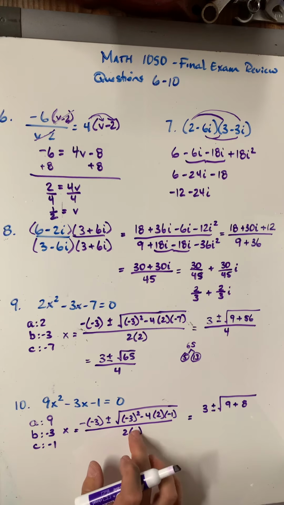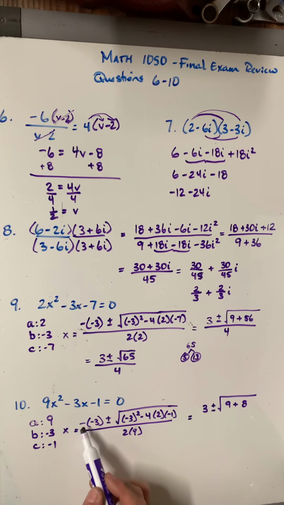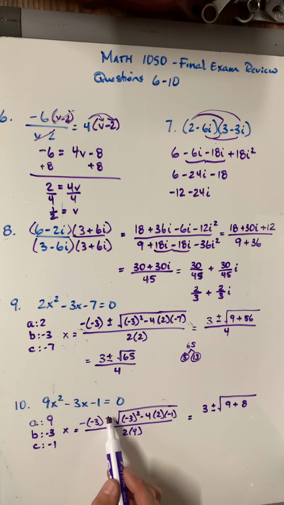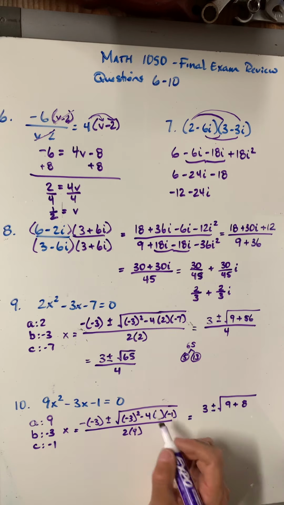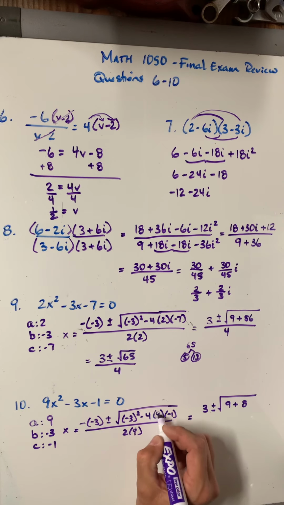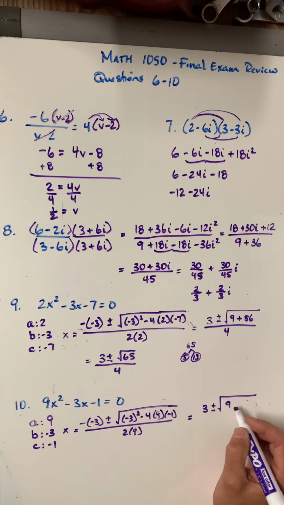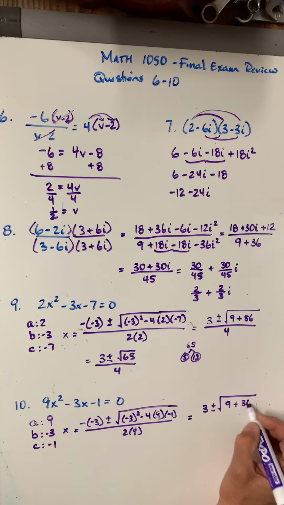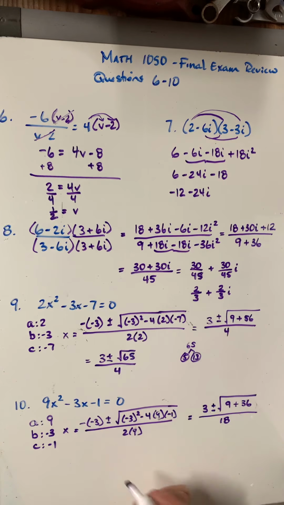I think I was looking at the other question. I apologize for that. So let me double check. Negative B plus or minus the square root of B squared minus 4 times A times C. So that's going to be 9 plus 36 all over 18. Yeah, that makes better sense.